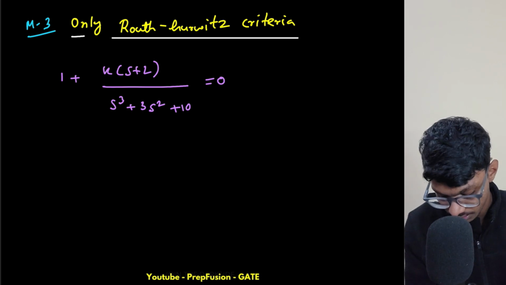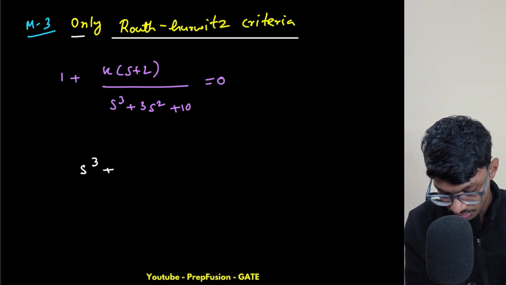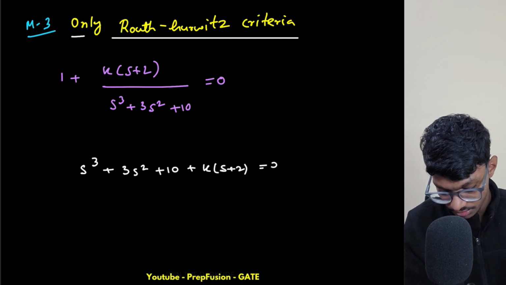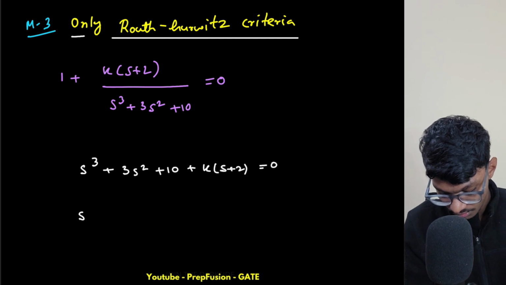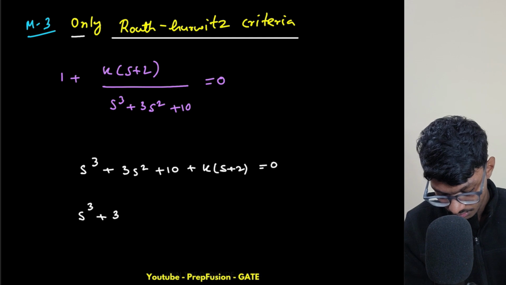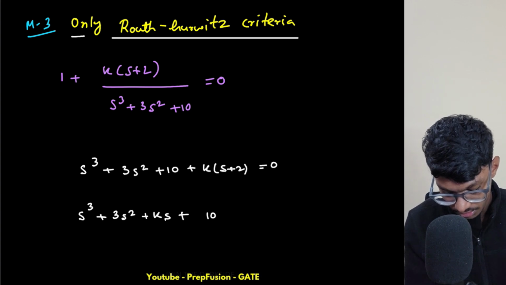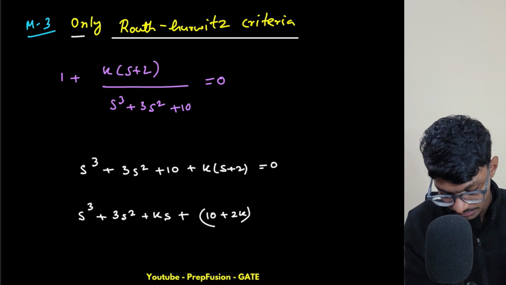So basically this becomes s cube plus 3s square plus 10 plus k into s plus 2 equals 0. That is ks plus 10 plus 2k basically.